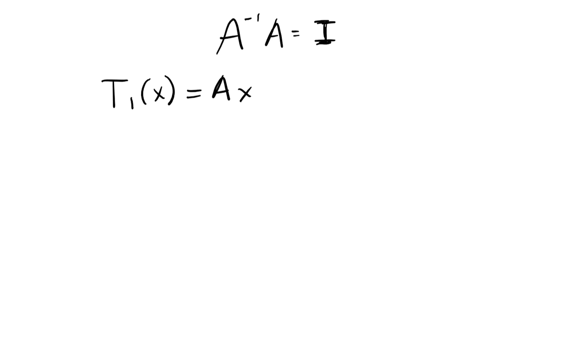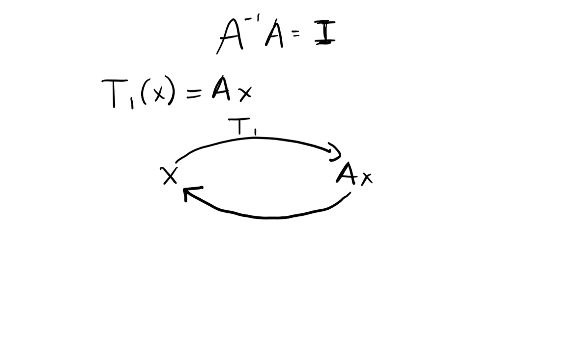Now let's represent this in a little diagram. I perform T1 and I get Ax. So the inverse transformation is the one that keeps things where they are. The transformation that I'm looking for here, T2, is such that it's taking us back to x.